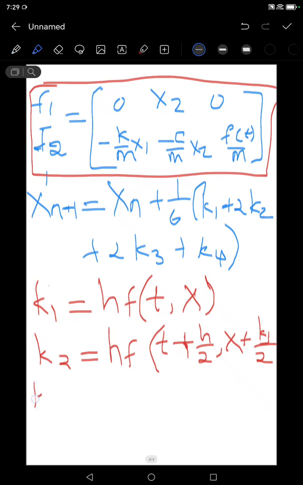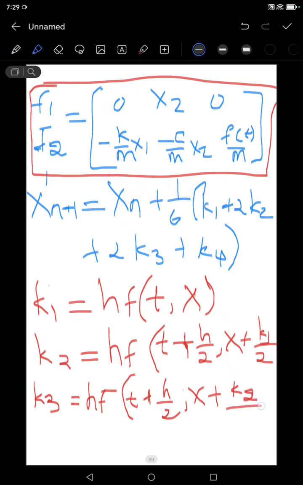Then k3 equals h f of t plus h over 2, comma, x plus k2 over 2.